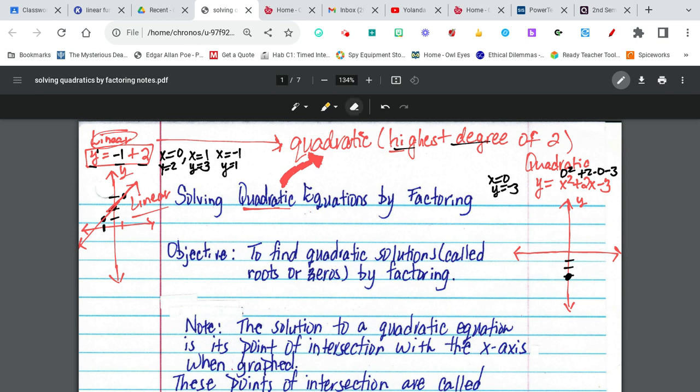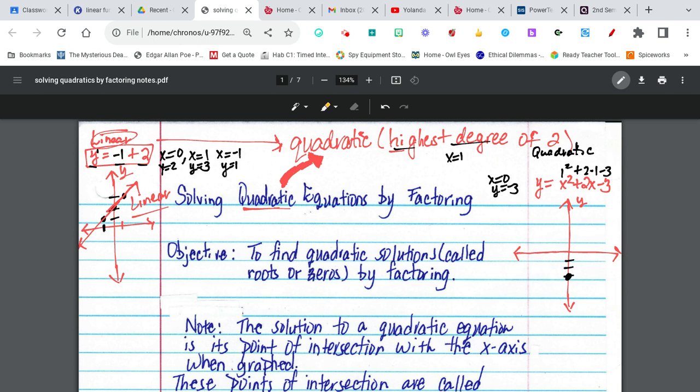All right, let's try an x of 1. So we have 1 squared plus 2 times 1 minus 3.